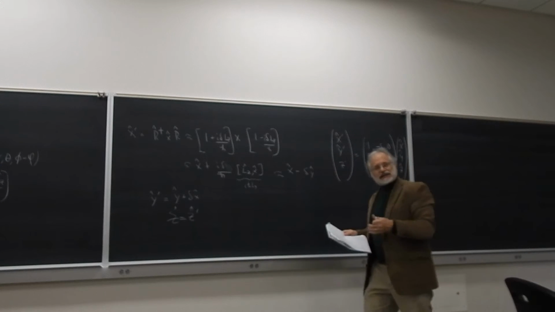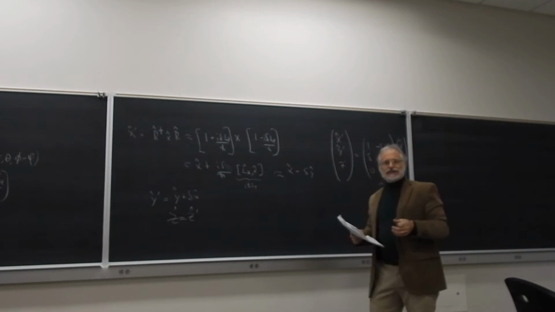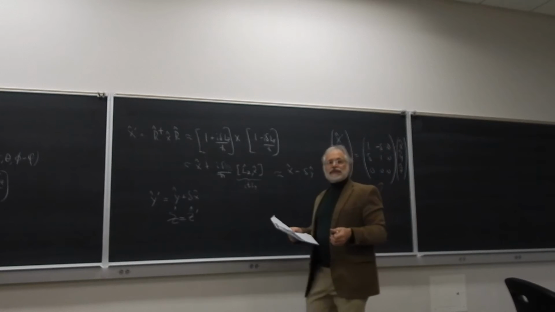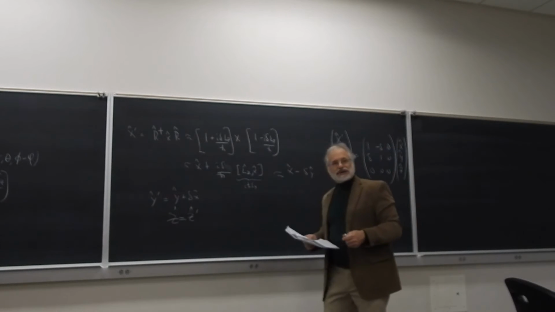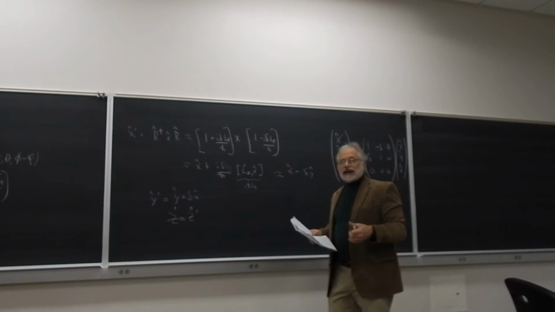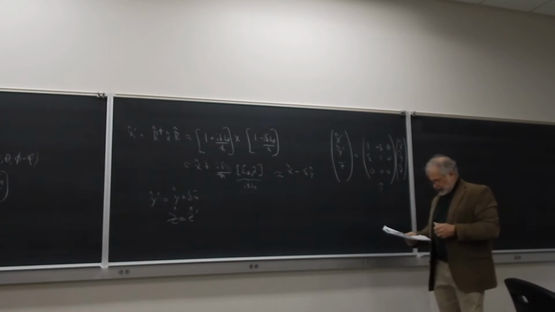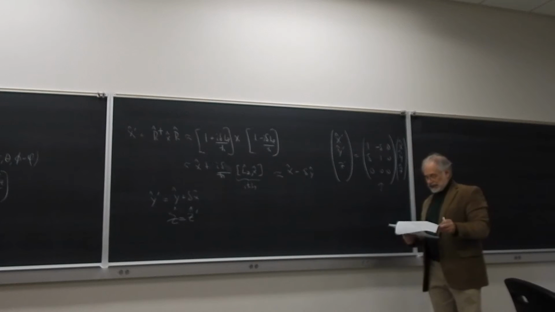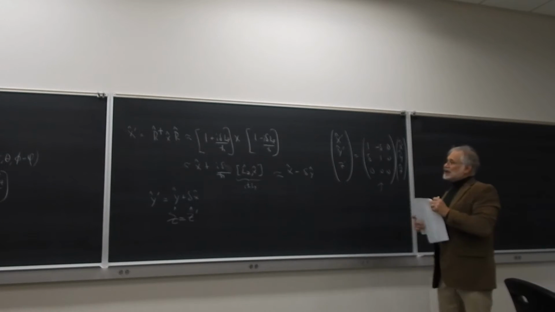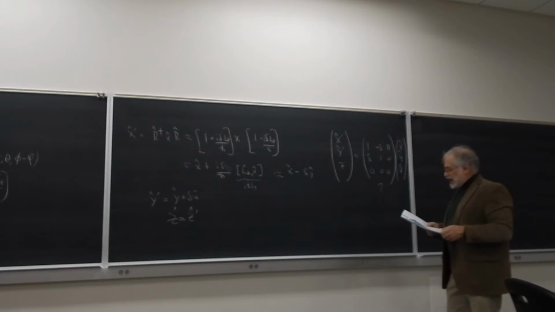But think about it. This is a small angle approximation. And of course, at small angles, with delta small, cosine of delta is 1, and sine of delta is delta. And so this looks exactly like you would expect a rotation matrix to look. So that's rotation about one axis.